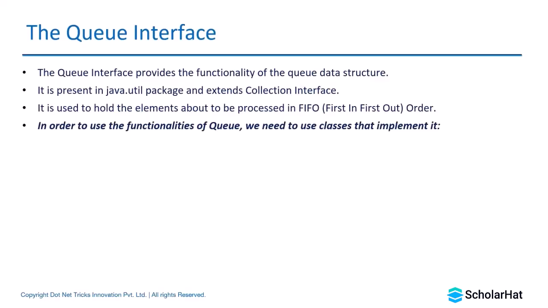In order to use the functionality of Queue, which is an interface, subclasses like PriorityQueue and ArrayDeque need to be used or implement this Queue to meet the requirements. Different classes have different implementations. I just wanted to show you some.